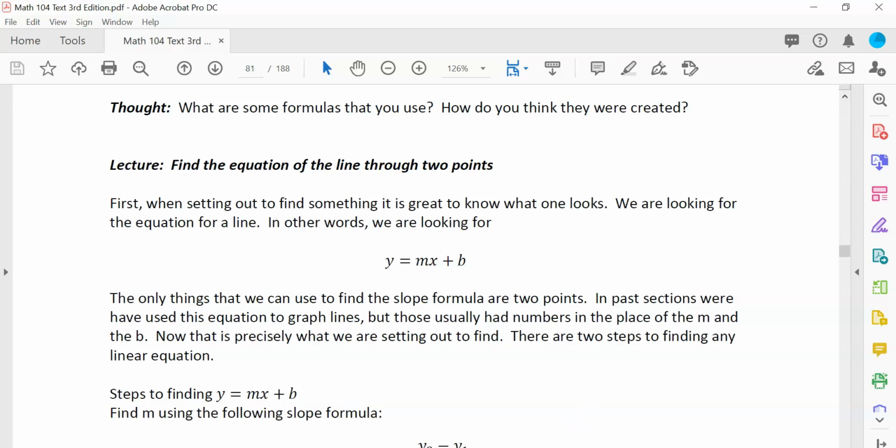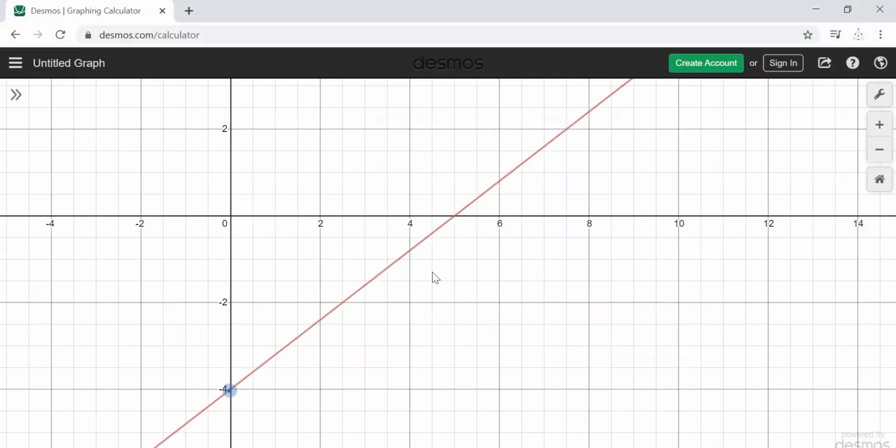Well, quite simply put, if we have a line here, notice that if I give you any point on the line, it's the point (0, -4), and then another point on the line. Here, what is that? Well, let me go to a nice whole number.